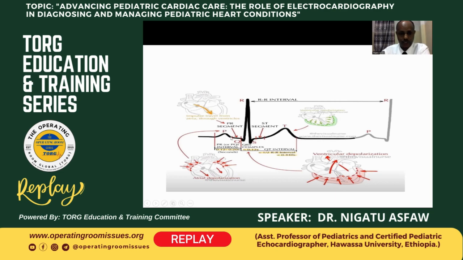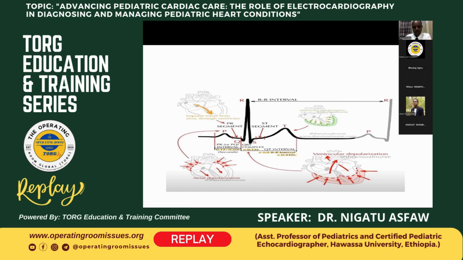Then there will be the PR segment, the delay between atrial depolarization and ventricular depolarization, which allows ventricular filling, and then there will be ventricular depolarization represented by the QRS complex, and afterwards there is the ST segment, and then the T wave, which shows ventricular repolarization or relaxing of the myocardium. And the RR interval is taken as 1 beat.